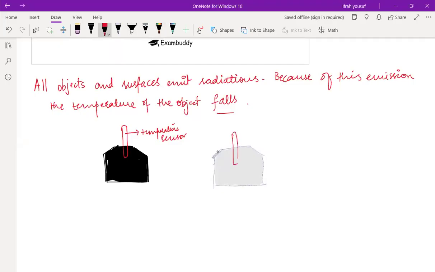And over here, another temperature sensor is there, okay?